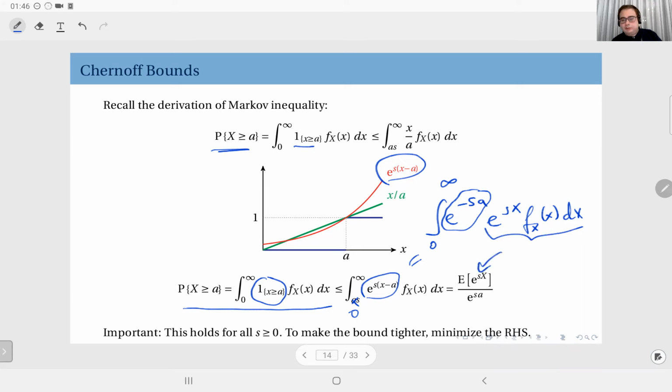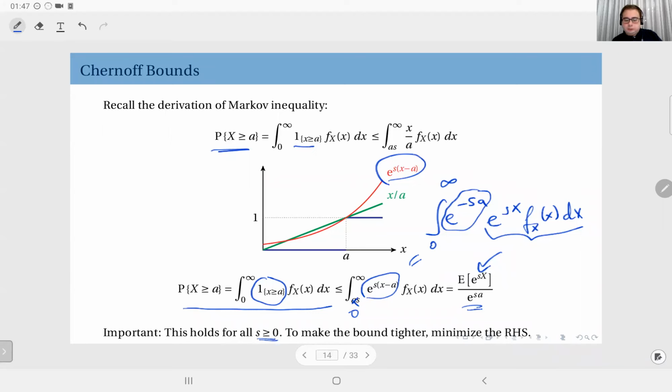It's in fact a sort of generating function. So what we get is the expected value of e to the power s times random variable x divided by e to the power s times a. Now, you see, this holds for all non-negative s values.